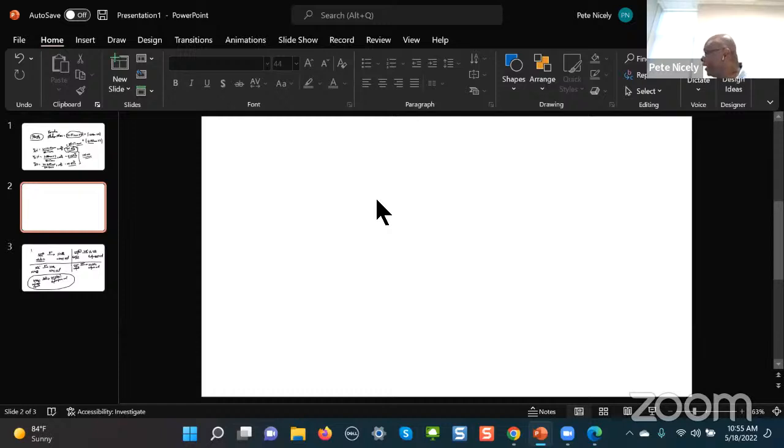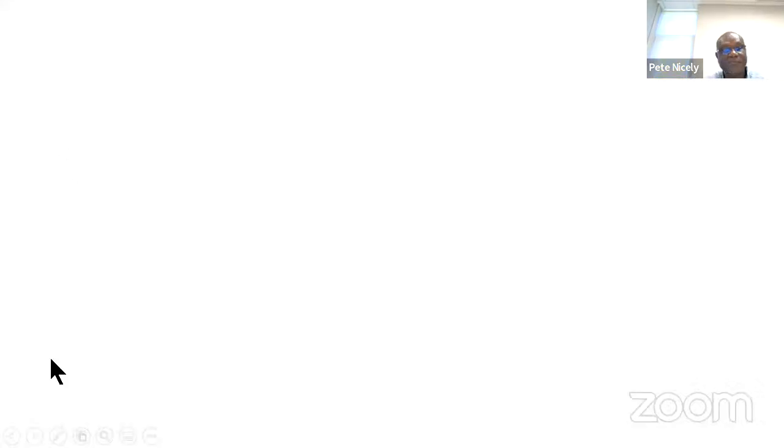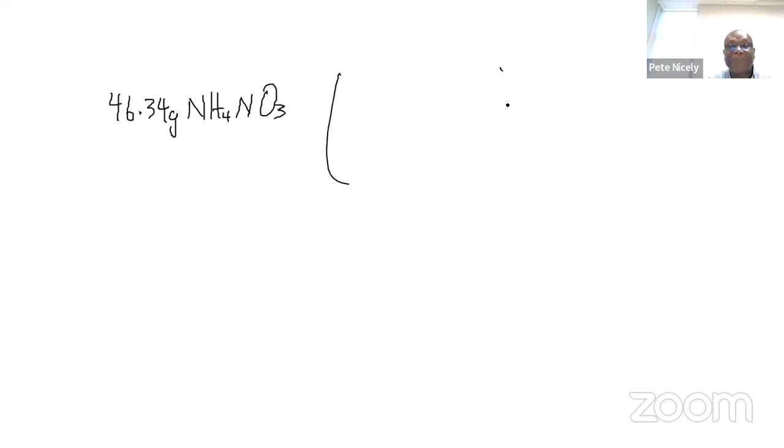Okay. So the way I would deal with this is I would take the mass of the compound, the total mass, which is 46.34 grams, of ammonium nitrate, and I would multiply it by the percentage of nitrogen, I'm sorry, in ammonium nitrate, which, if I recall, is 35.10%.